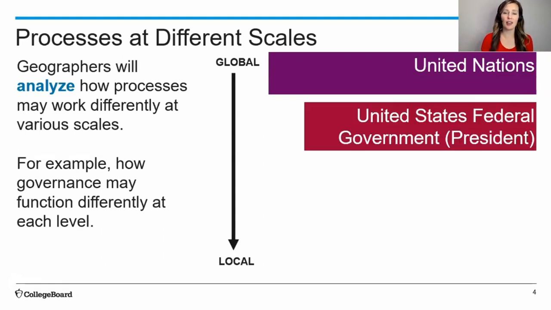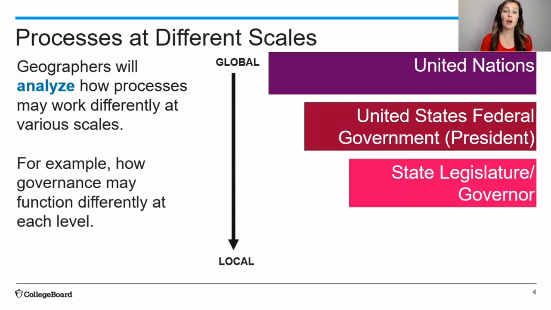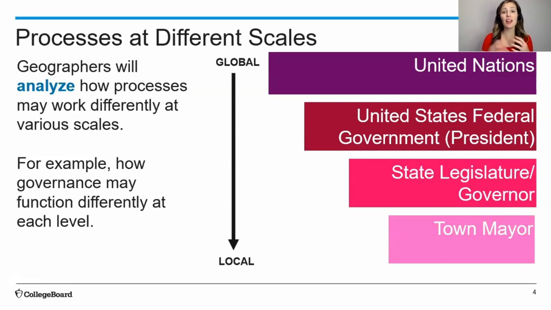At a national scale, we might have the United States federal government with the president. Getting down to a more local scale, we might have the state legislature or a governor. And then getting really close to home, getting very local, we may have something like a town mayor. A geographer may look at how governance functions differently depending on which scale they're looking at.